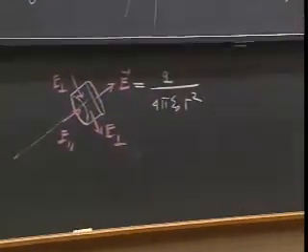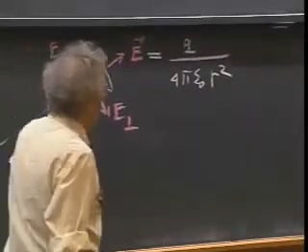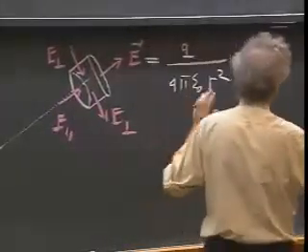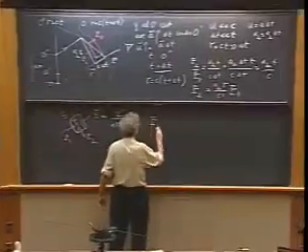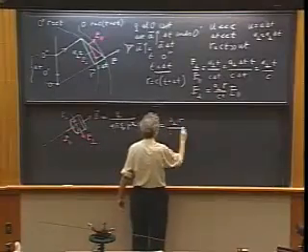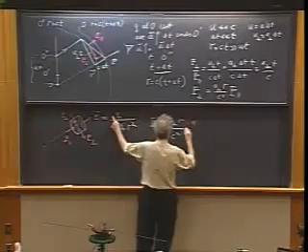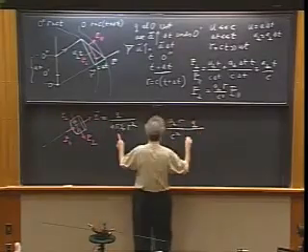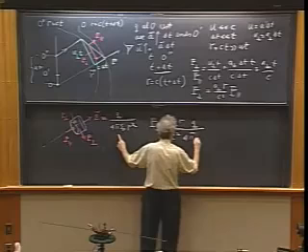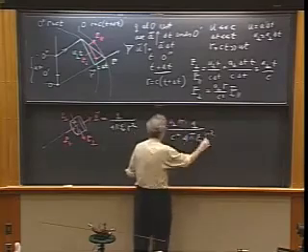You people should remember that from 802. And so now we have accomplished, the 13 minutes are almost up, E perpendicular is therefore A perpendicular times R divided by C squared times Q divided by 4 pi epsilon 0 times R squared. And you lose 1 R.